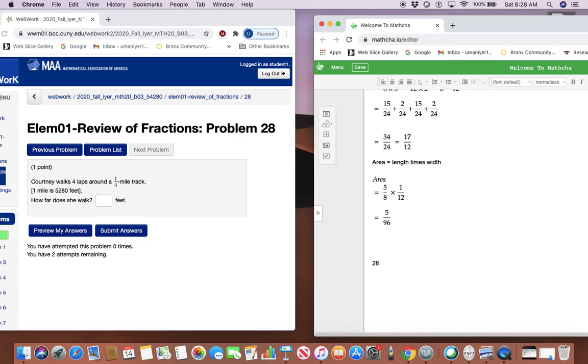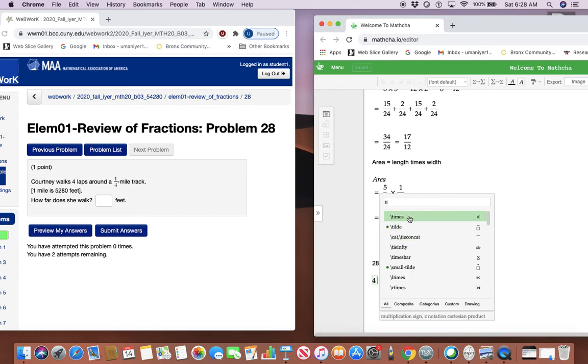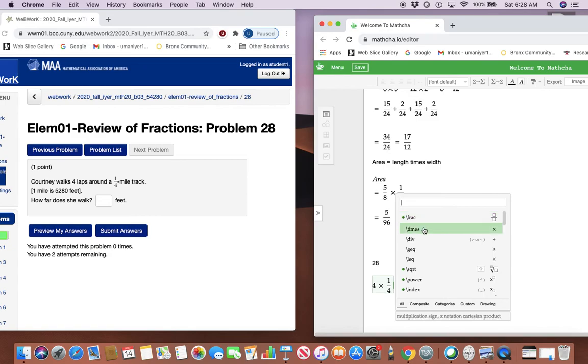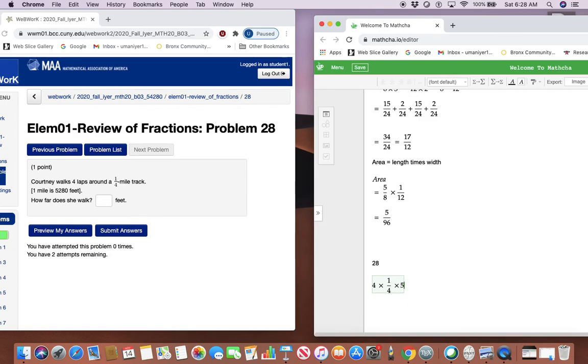Courtney walks. So for each lap, she covers a 1/4 mile track. So the way you would see it is she makes 4 laps. Each lap is 1/4 mile, and each mile is 5280 feet. You understand?